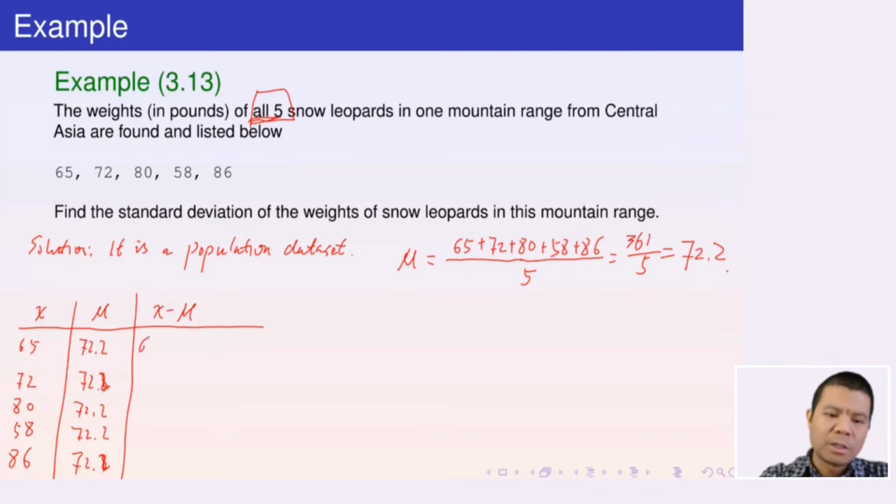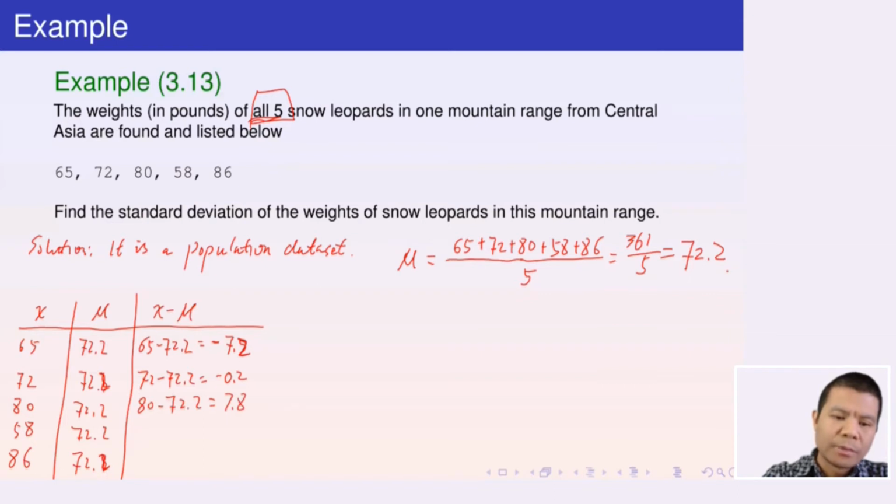The first one is 65 minus 72.2, which is negative 7.2. Then 72 minus 72.2 is negative 0.2. 80 minus 72.2 is 7.8. 58 minus 72.2 is negative 14.2.